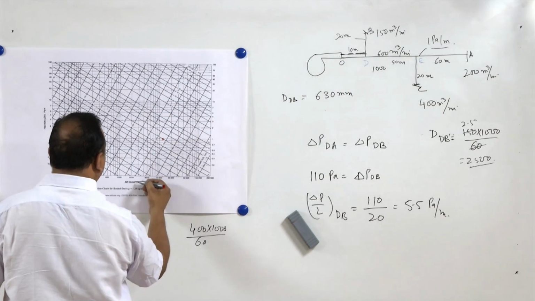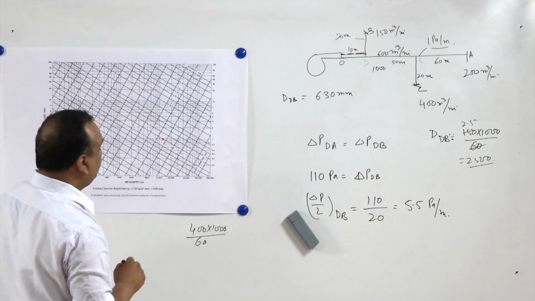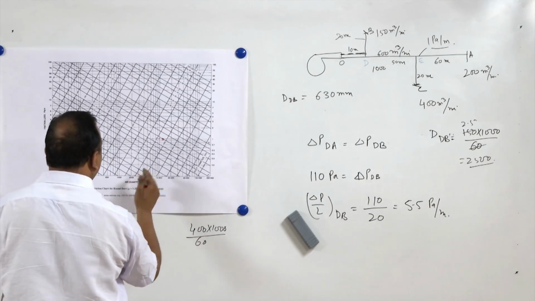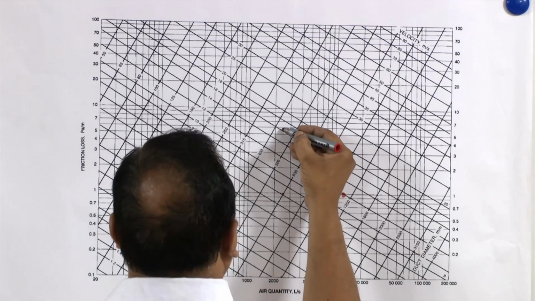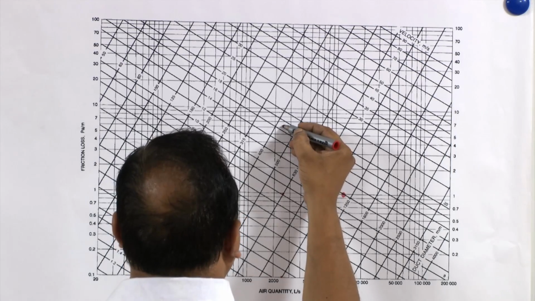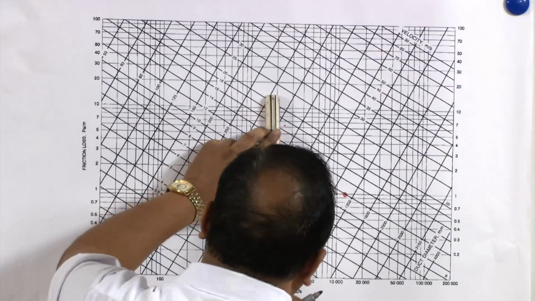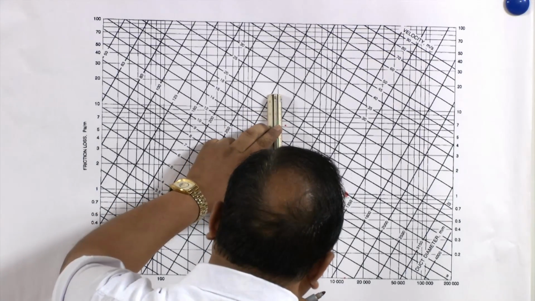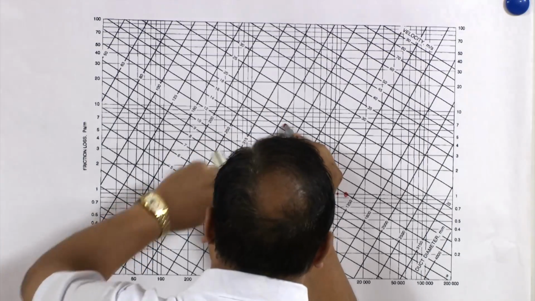What was the discharge? 2500. So it is going to be 5.5, somewhere here. On the same line, the discharge will be something like this.